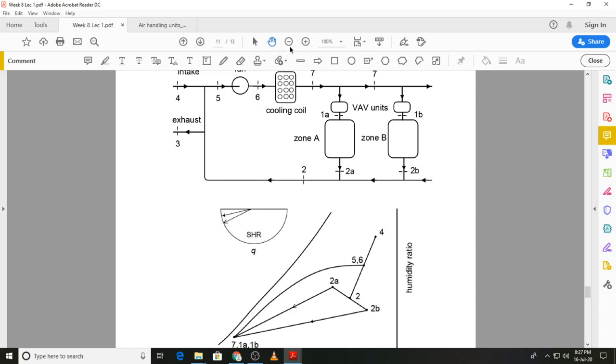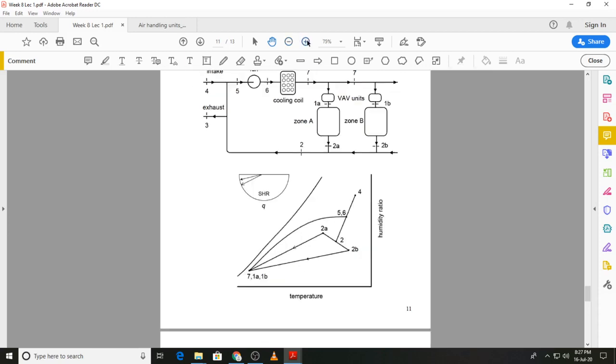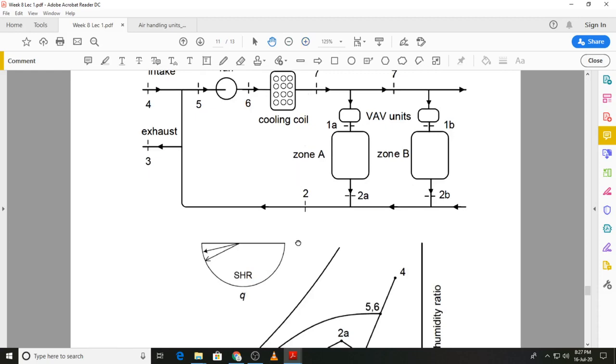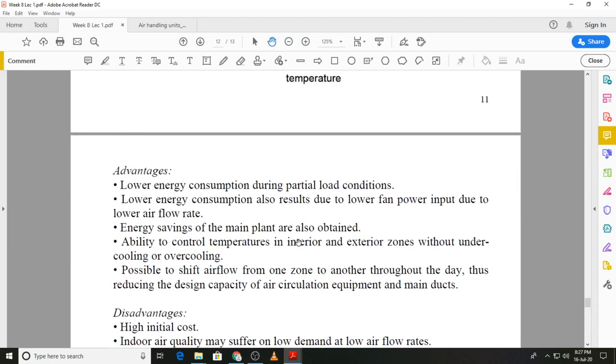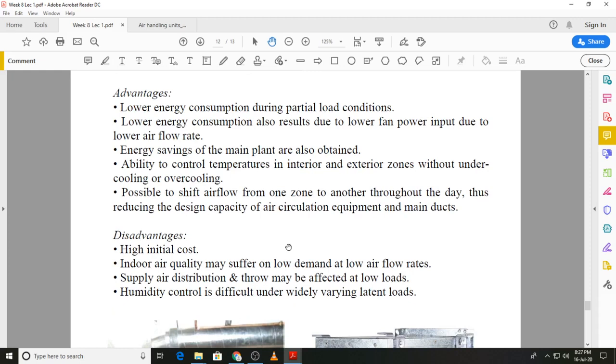And we can move on to the advantages and disadvantages of this type of system. You can see that the principal advantage is its lower energy consumption even during partial load conditions, and that also leads to lower fan power consumption.